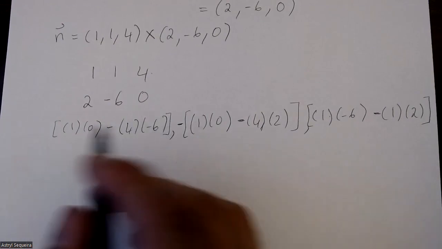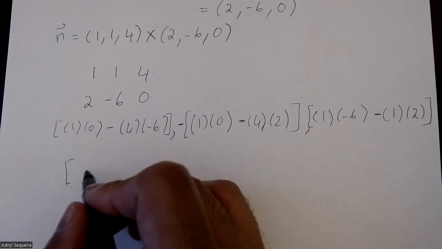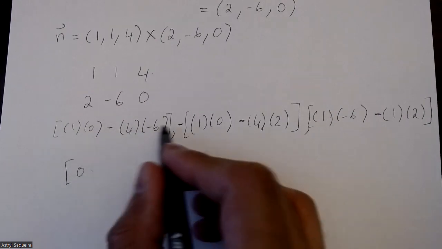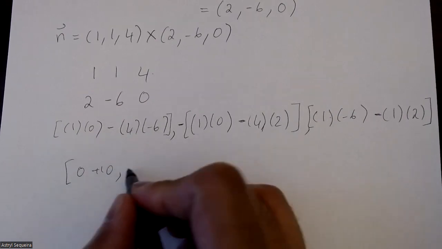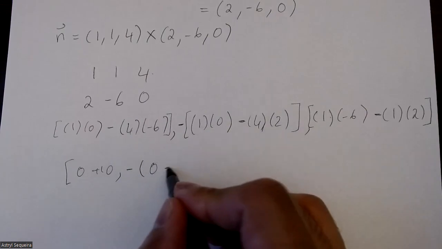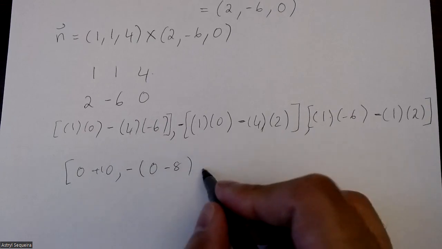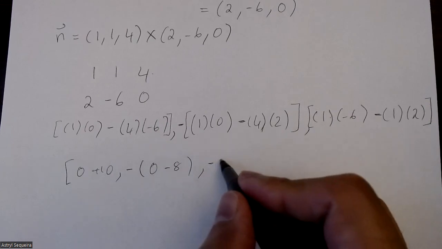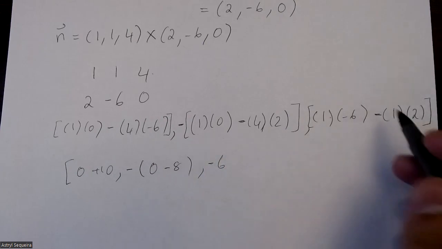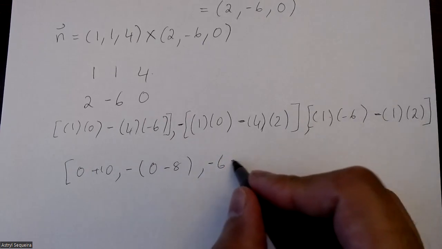I'm just going to simplify this. So this is 0 minus negative 10, so 0 plus 10. This is negative 0 minus 8. The last one is negative 6 minus 2.